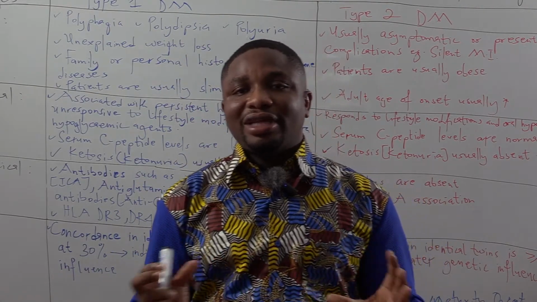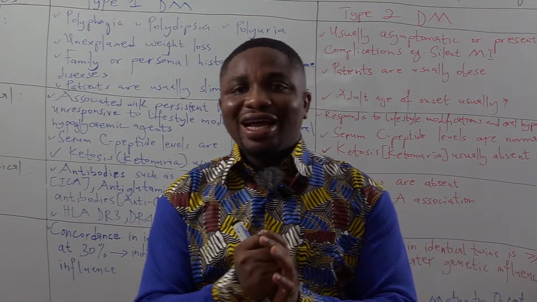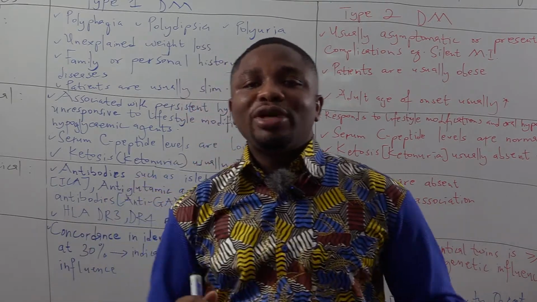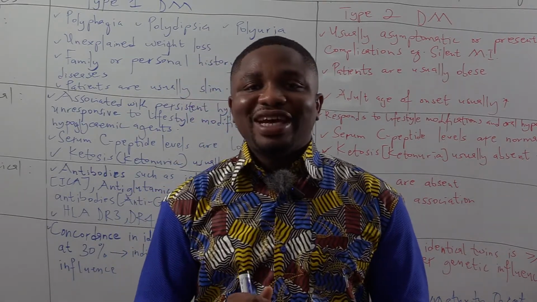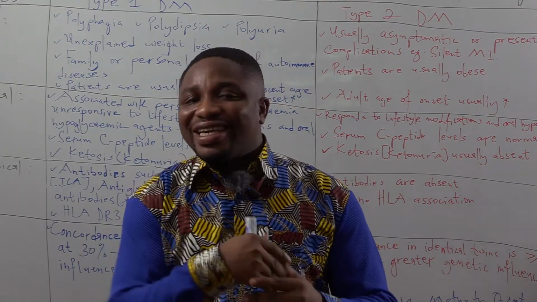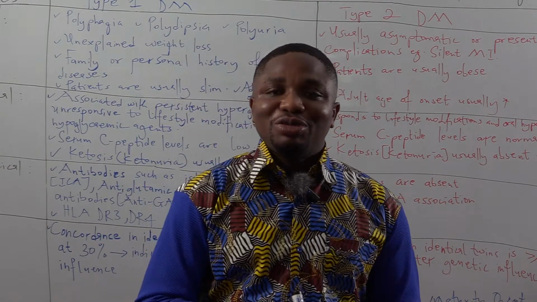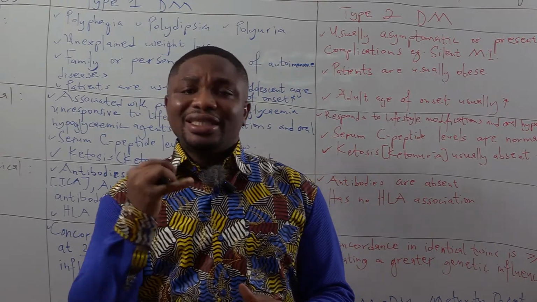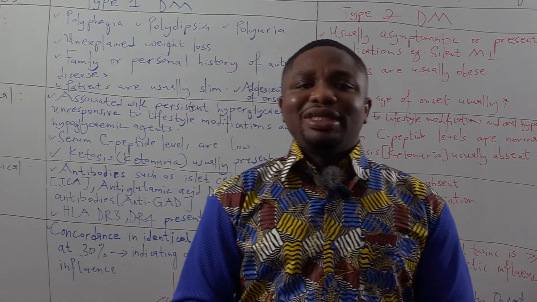The C-peptide is what joins the insulin units together, and that compound is what we call proinsulin. So when insulin is being produced, C-peptides would also be produced. In the case where insulin is not being produced, C-peptides would also not be produced. So we are saying that the serum connecting peptide levels will be low in type 1 diabetes mellitus.